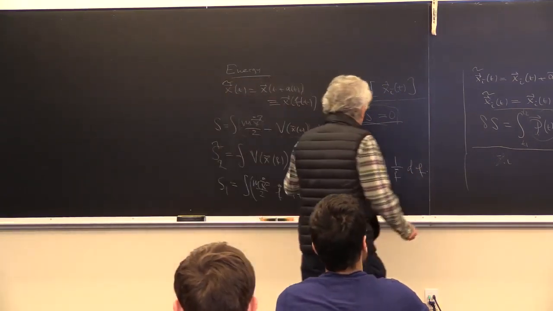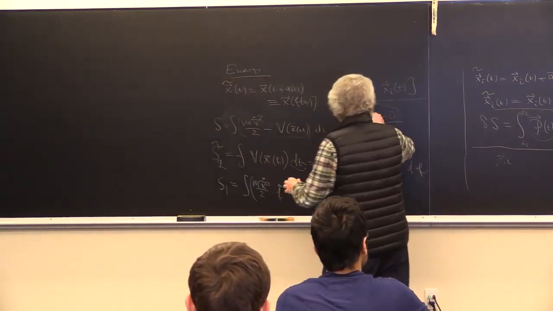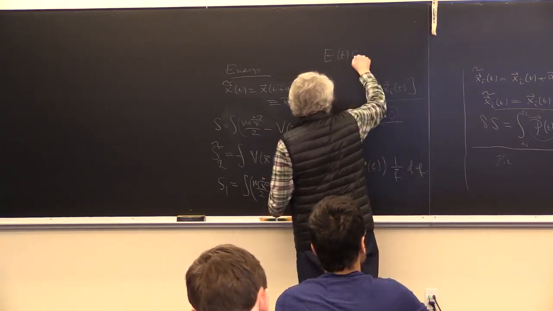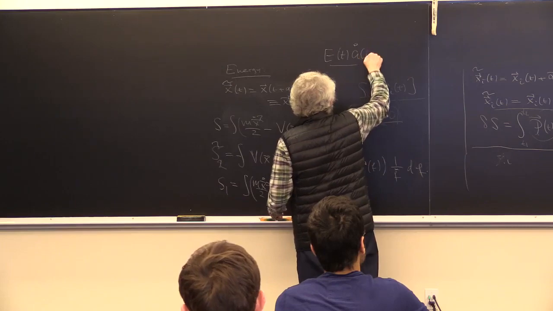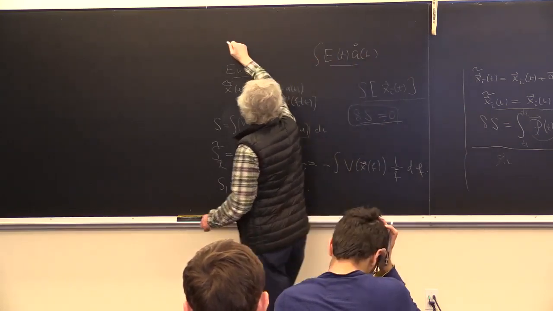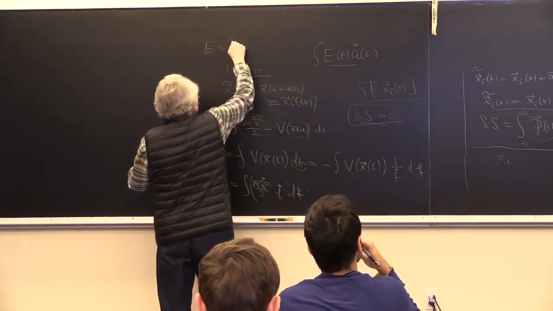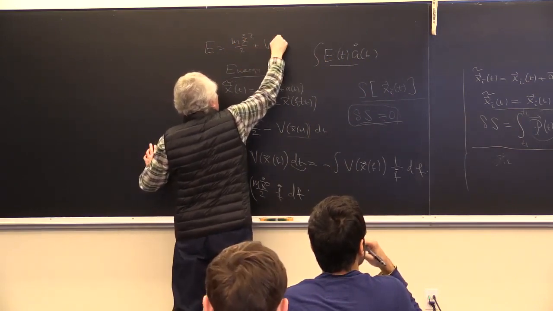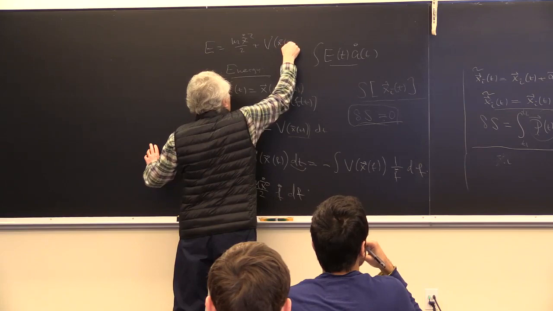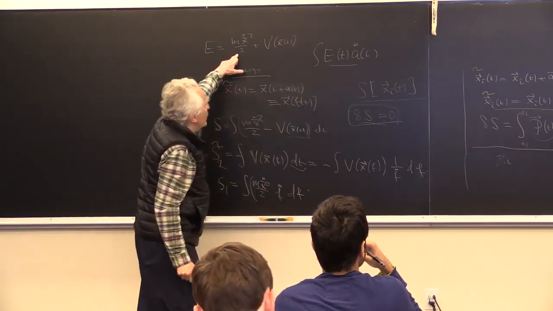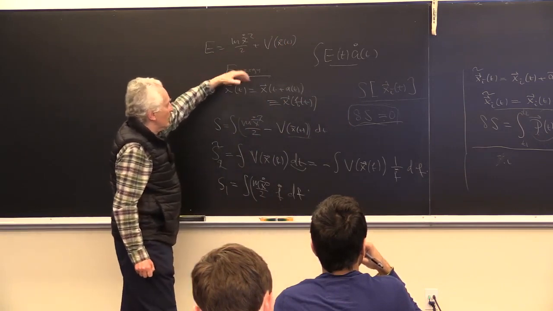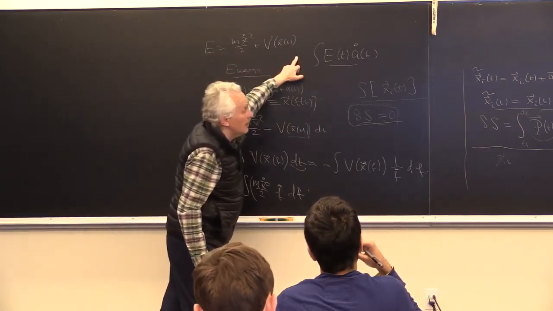And the result of expanding in A, we get energy, which is the coefficient in front of A dot. Energy is, and we know that if the trajectory satisfies this, then this thing is time independent.